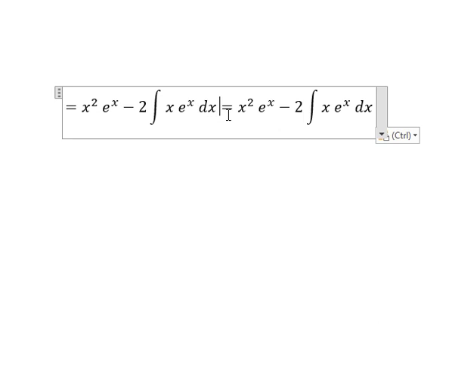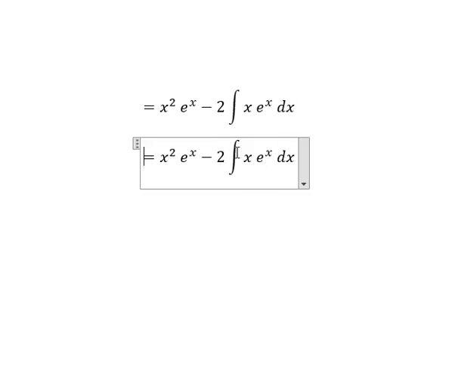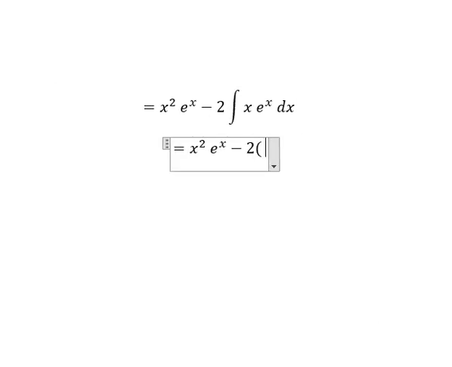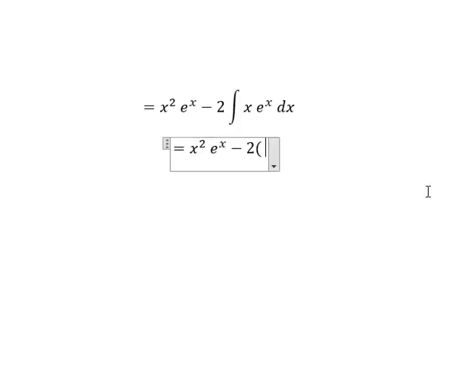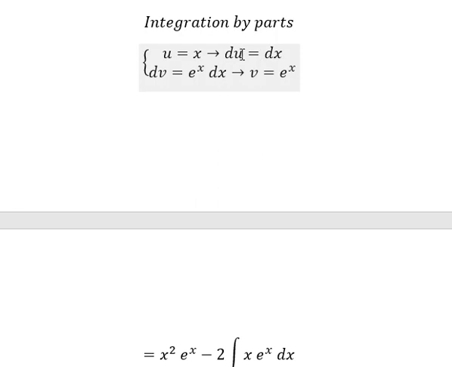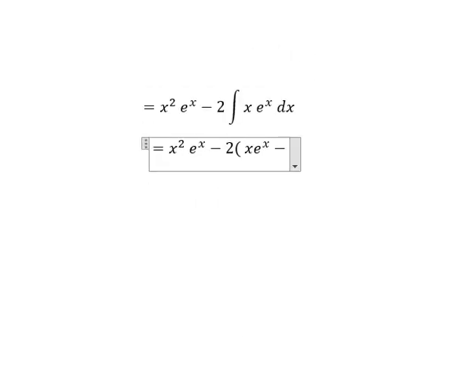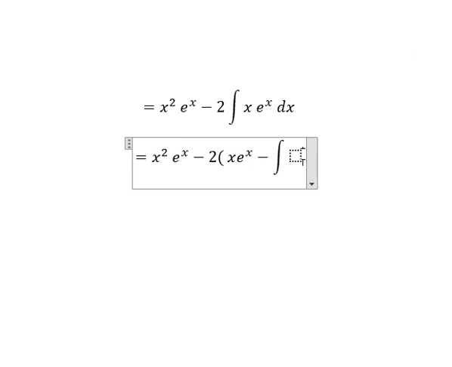So the integration of this one is u multiplied by v, minus the integral of v multiplied by du. So we have the integration e to the power of x dx.